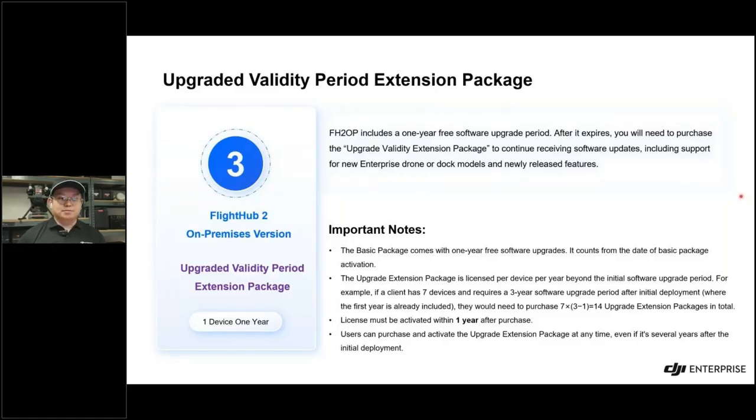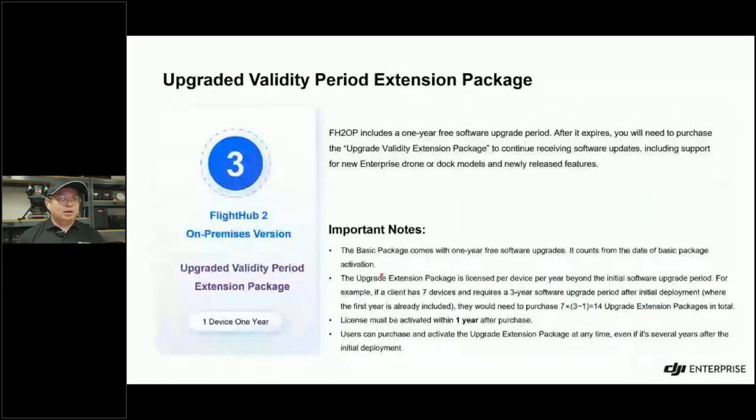Let's say, as a given scenario, you have 7 docks, and they require 3 years of software upgrade period after initial deployment. As I mentioned, the first year is already included. So 3 minus 1 is 2. 2 multiplied by 7 is 14 packages that need to be applied.